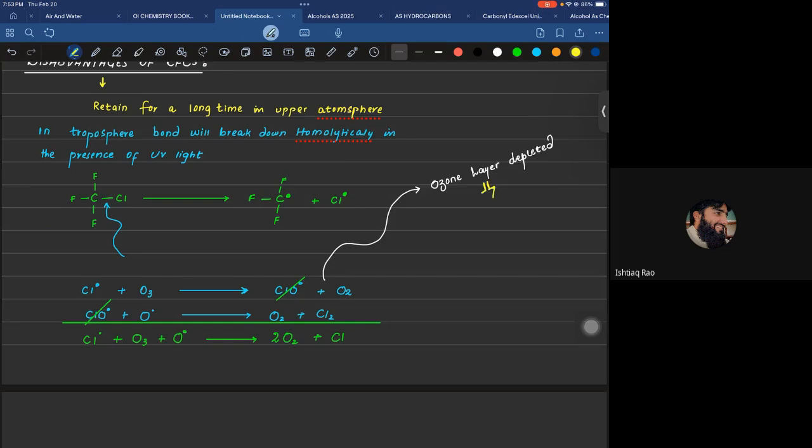It would cause skin cancer क्योंकि यूवी रेडिएशंस आएंगी आपके पास, स्किन कैंसर, और यू कैन से ब्लाइंडनेस. ये बड़ी डेंजरस डिजीजेस हैं. और आई कैन से इम्यूनिटी लेवल इज गोइंग टू डिक्रीज. Low immunity once the ozone layer is depleted. So get ready for these diseases.